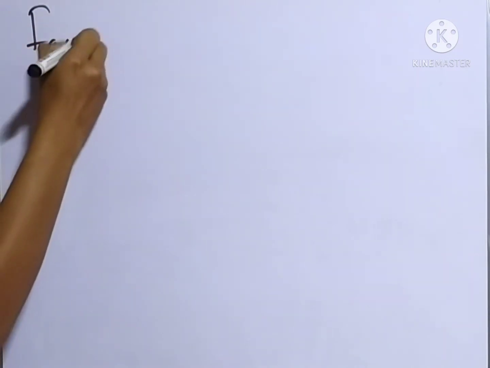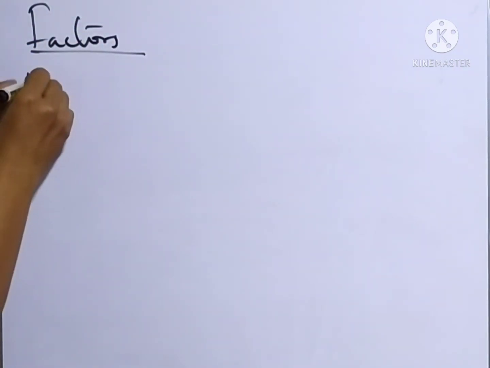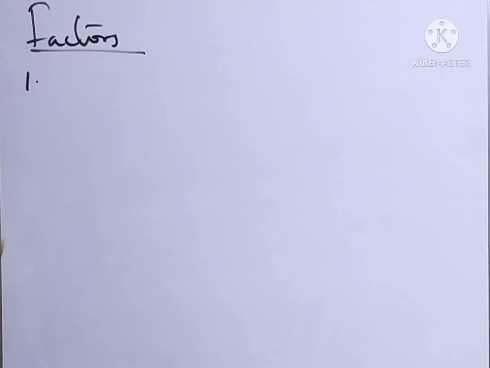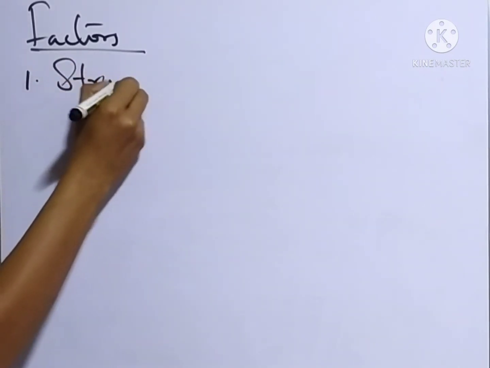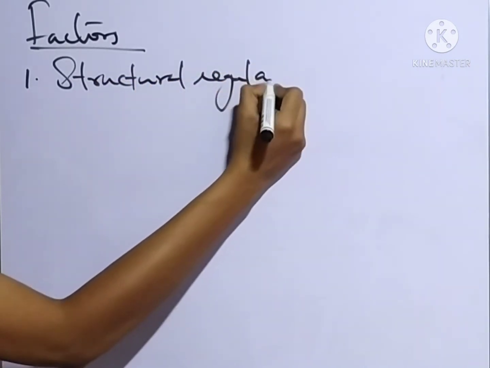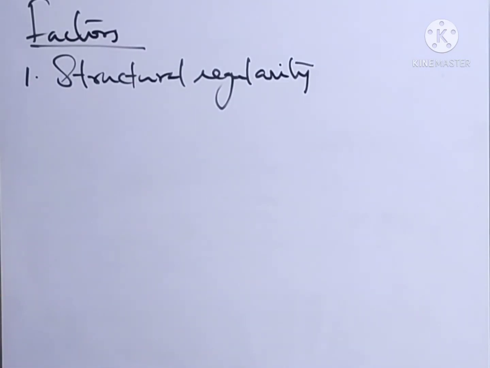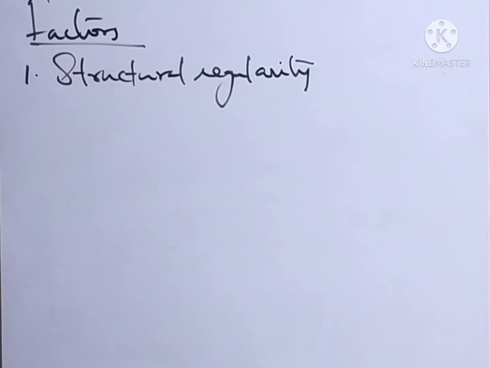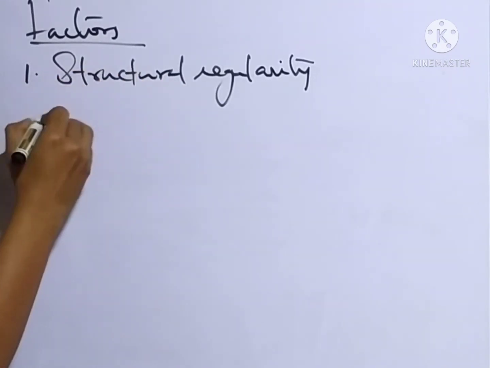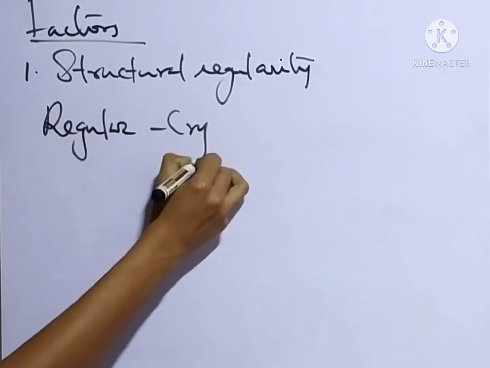Then factors influencing crystallinity. So we can say structural regularity is an important factor which influences the crystallinity of polymers. So if the polymer is more regular in its structure, then it is crystalline.